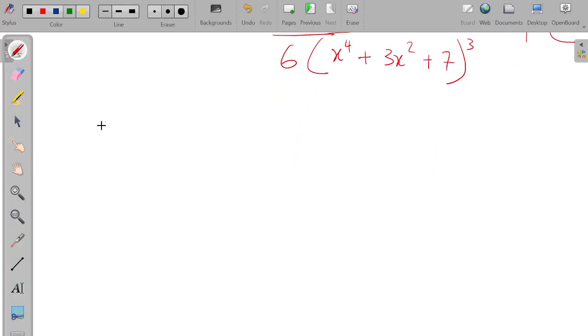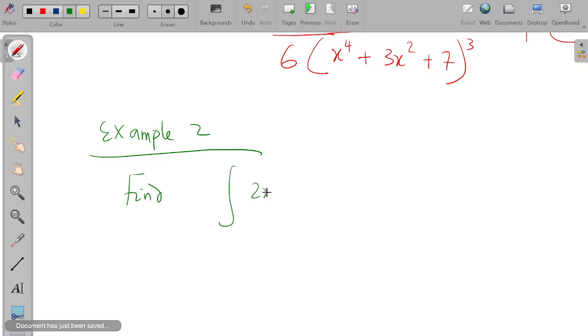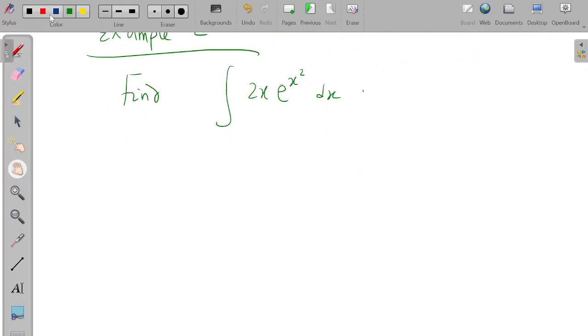Okay, example 2. We want to find the integral of e raised to power x squared times 2x dx.